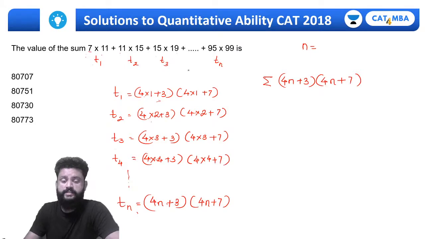Okay, so first of all, let's understand what exactly this is. This is a multiple of 4, 4 into n, plus 3 is 95. Get the value of n.